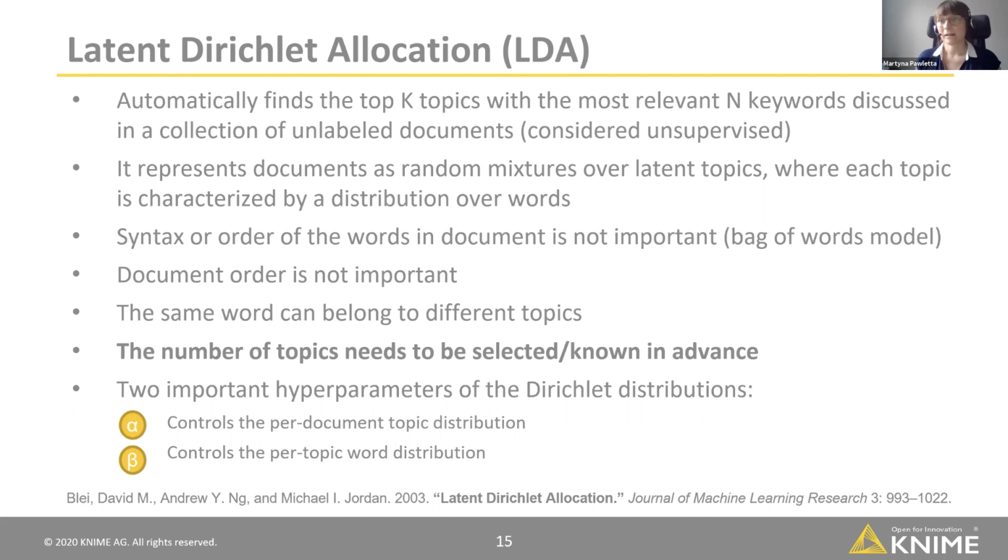And the LDA also represents documents as random mixtures of latent, or hidden, topics, where each topic is characterized by a distribution over words. So we have overall 2 distributions. Each document is modeled as a distribution of topics, and each topic is modeled as a distribution of words.